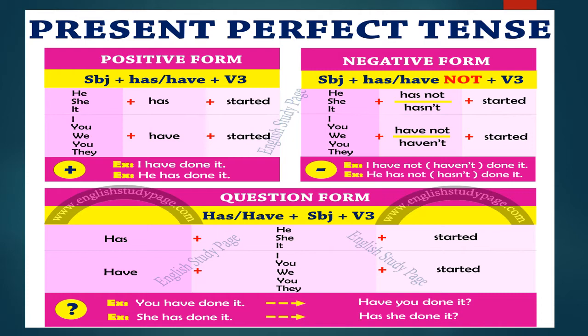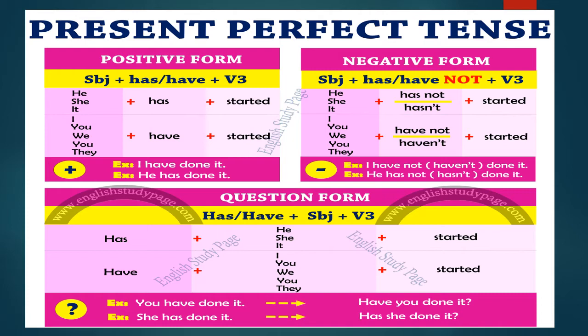To form a yes-no question in the present perfect, I have just told you that the auxiliary verb in the present perfect is has or have. So here I have to start with has or have according to the subject. If the subject is singular, has.